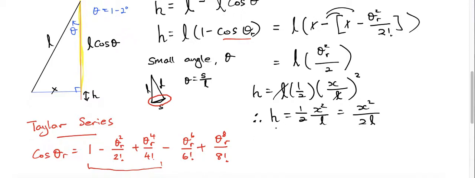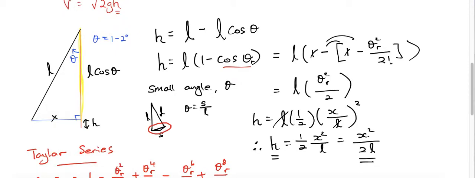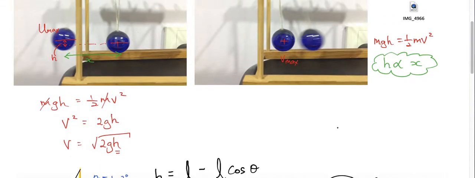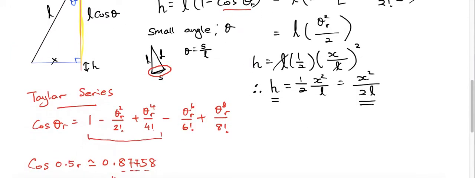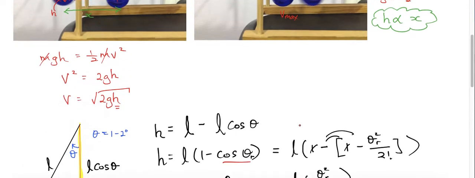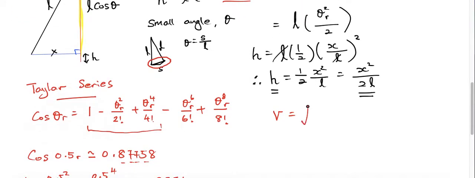Now if I know the relation between h and x already, then I will be able to substitute it into this equation earlier. So therefore, v is actually equal to the square root of 2g times h. So the square root of this will become x squared over 2L.